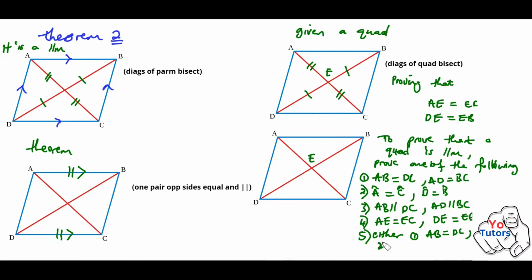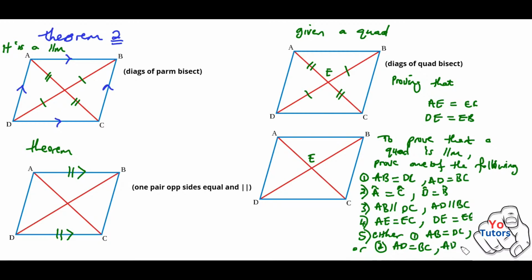Or number two, you need to be able to tell us that AD is equal to BC. So it's "or" here.